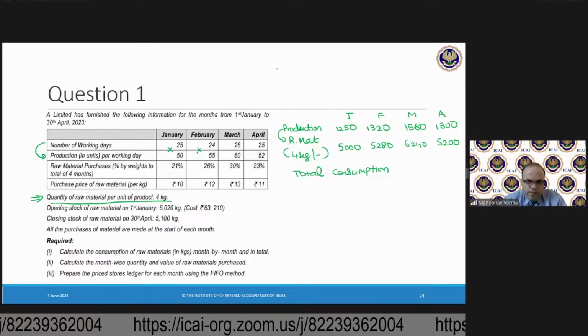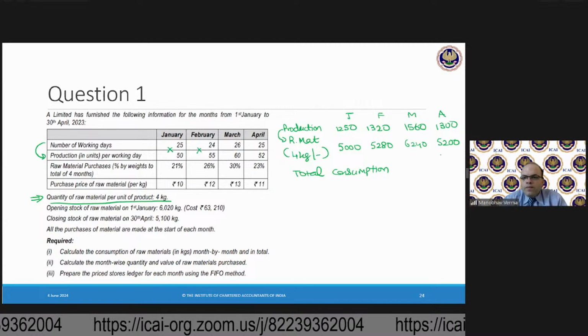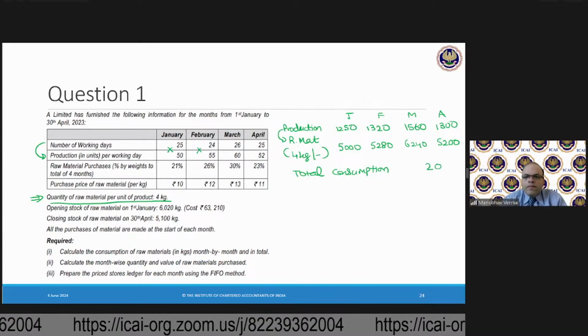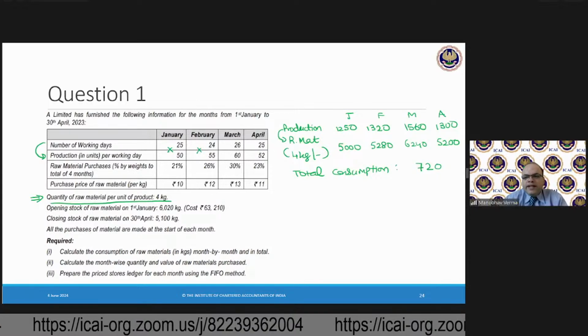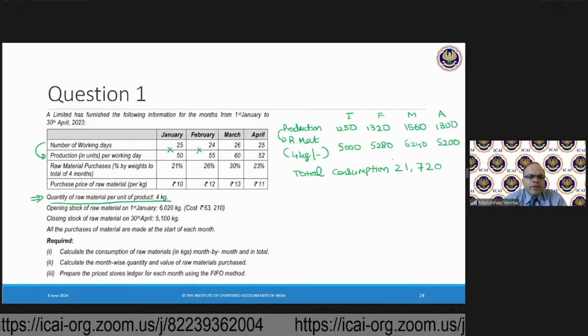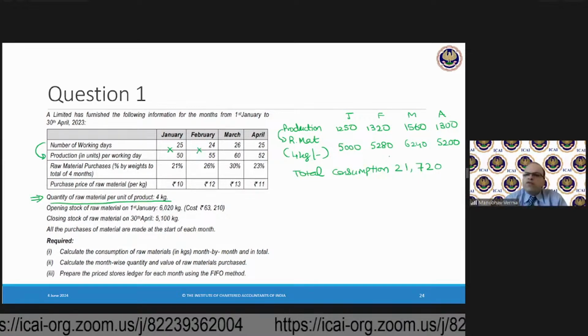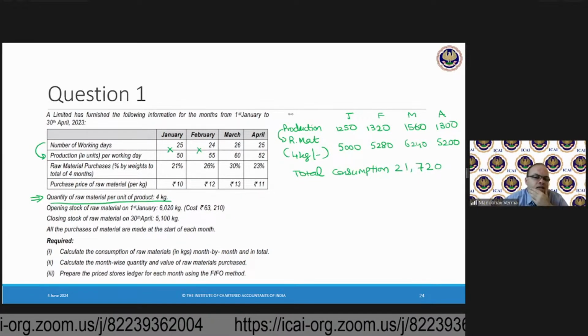Anyone? Are we getting 21,720? Right? So that takes care of the first requirement based on the planning data which is given to us.